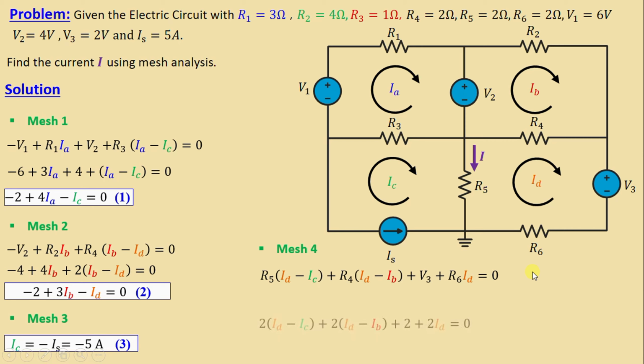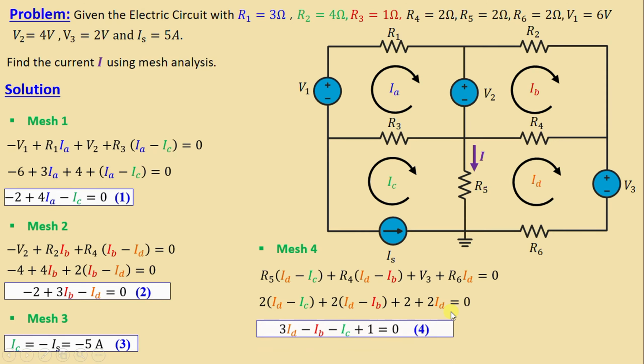By replacing the resistors and the voltages with their numerical values, we obtain 2 times ID minus IC plus 2 times ID minus IB plus 2ID is equal to 0. If we continue simplifying this equation, we obtain finally 3ID minus IB minus IC plus 1 is equal to 0. And I will call this equation number 4.